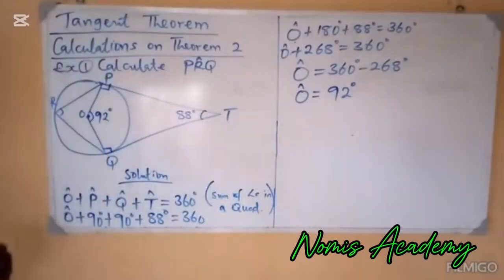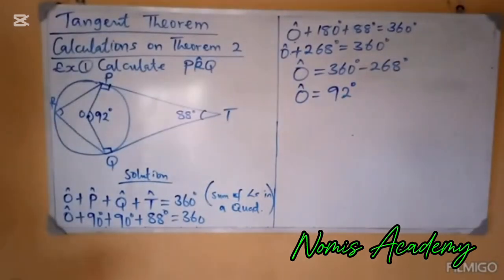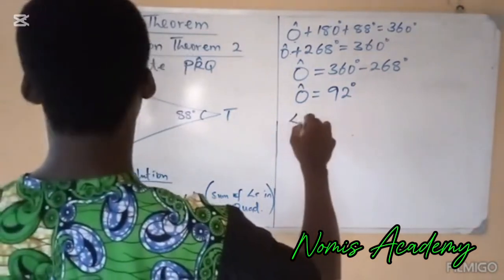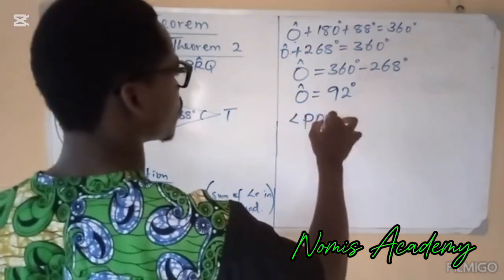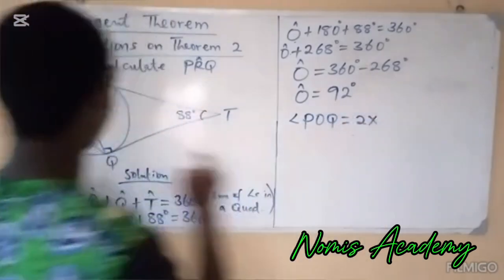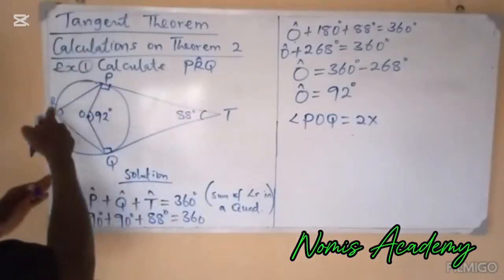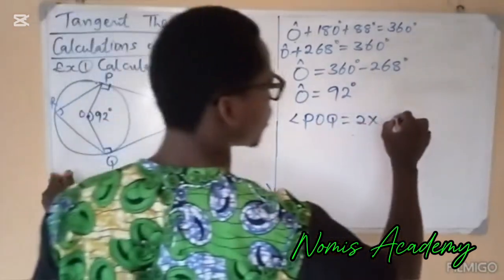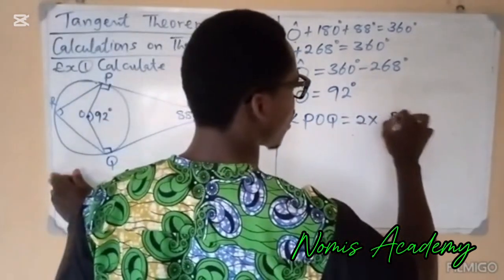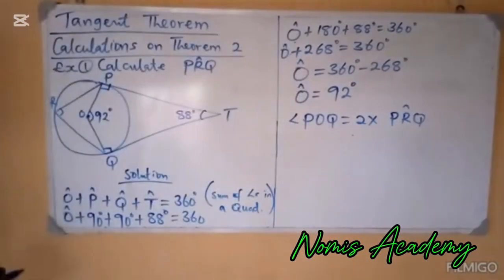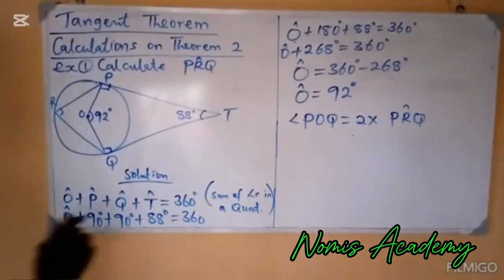So to find angle at R, which is PRQ, we can say that angle POQ is equal to 2 multiplied by PRQ, which is what we are looking for. Okay, so now let's proceed.